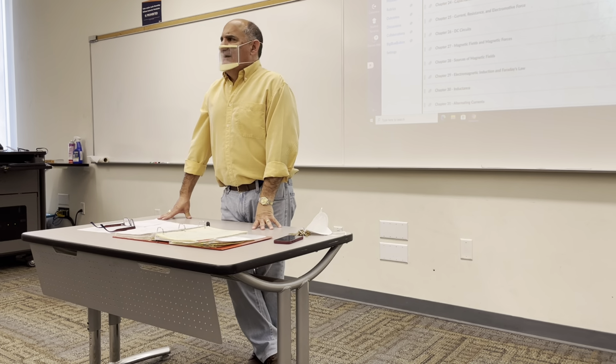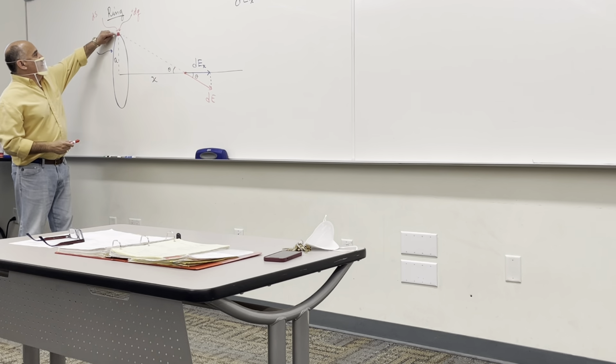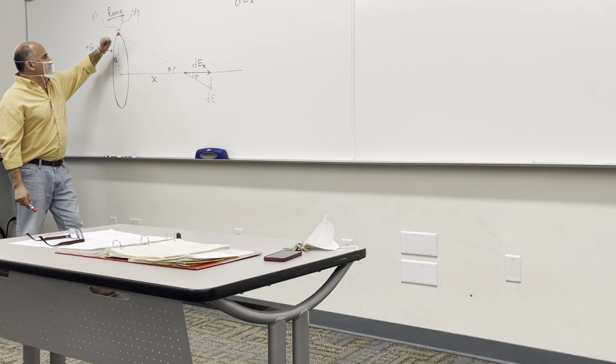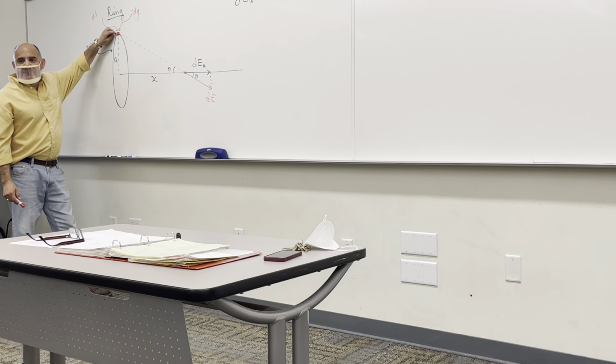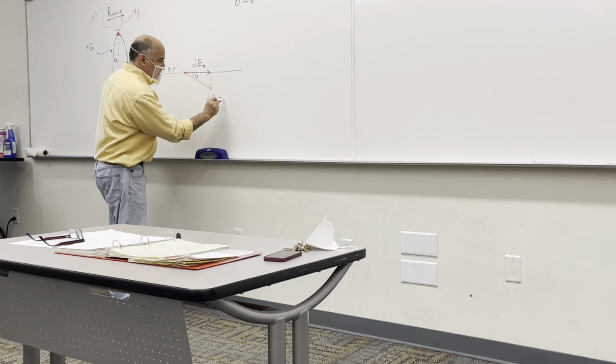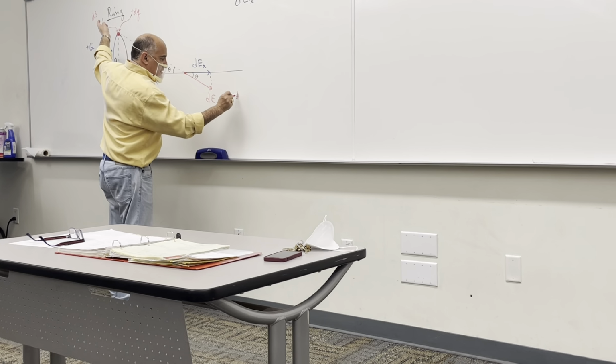And the x component of the dE is just the magnitude of the vector times the cosine of the angle theta that's given in the diagram, right? And dE is the magnitude of the electric field generated by the charge over here, dq. I can think of this as a point charge, kq over r squared. So it would be k times q, but that one is dq, divided by r squared, where r is the distance from the dq to the field point.